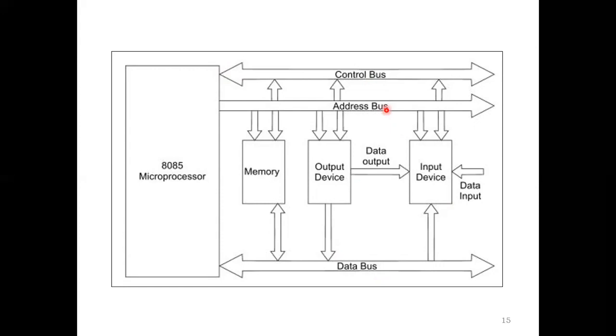Generally the address bus is given to the memory externally, that means the microprocessor sends the address on the bus. It is a unidirectional bus. The control bus and data bus are bidirectional buses. The address bus is single directional, given by the microprocessor to the memory.